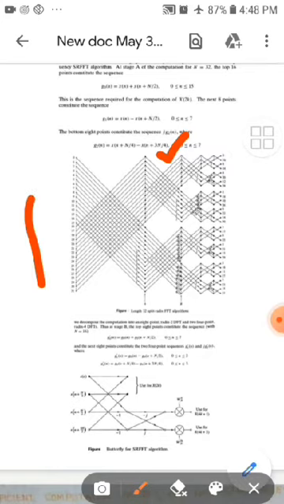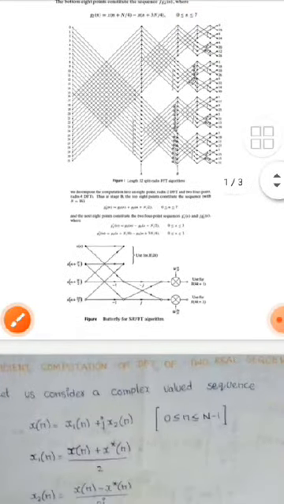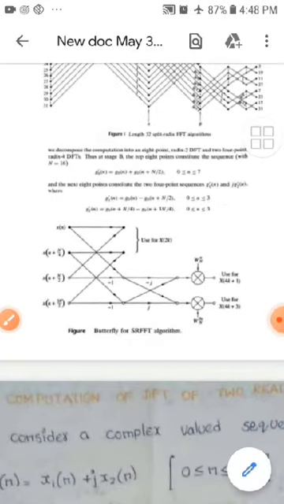So the equations are: z0 dash of n equals z0 of n plus z0 of n plus N by 2, and the range is 0 less than or equal to n less than or equal to 7. And the next 8 points constitute the two 4 point sequences, that is z1 star of n and z2 star of n.